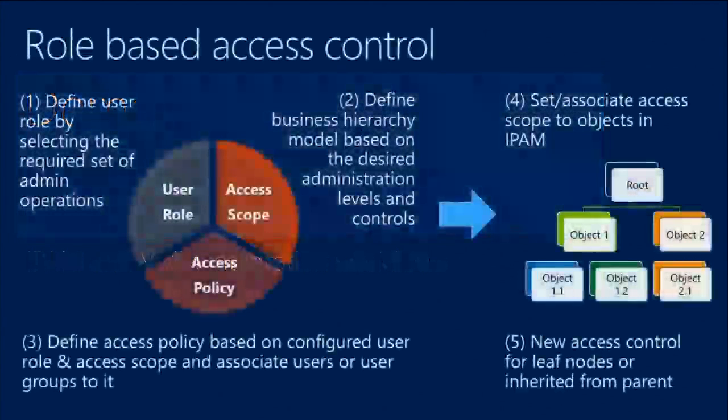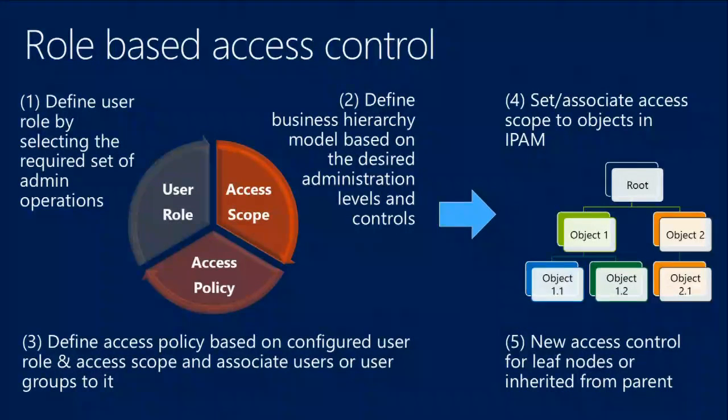Okay. Now, the next topic that I'm dealing with is role-based access control. I really like this piece of functionality that we have built because it really provides fine-grained access control into the IPAM system. Now, there's a couple of constructs to understand here, and I'll talk about these, and there are basically steps labeled on each of these. So initially you define something called a user role.